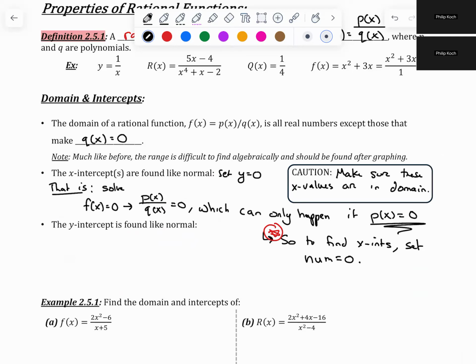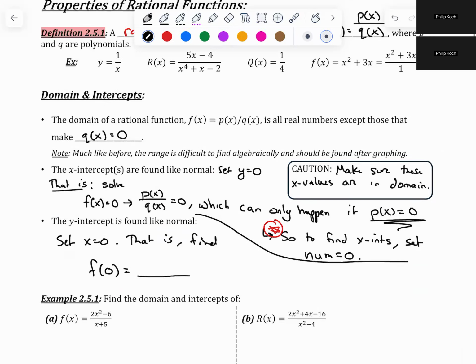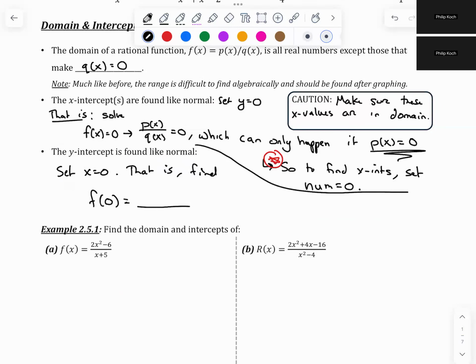Not always, but they can arise. And then the y-intercept is found like normal. Set x equal to 0, that is, find f of 0. That one's not too terrible.